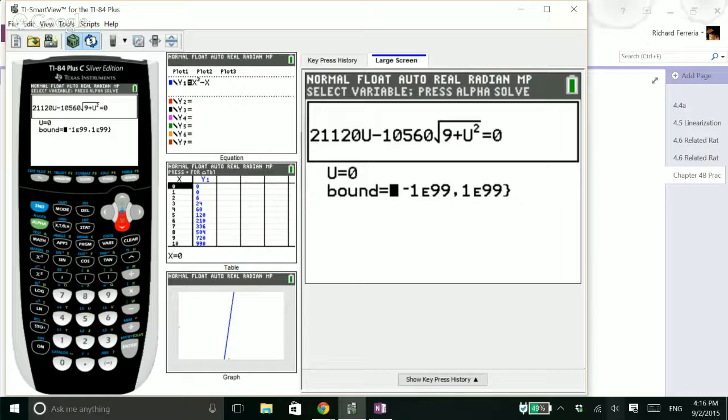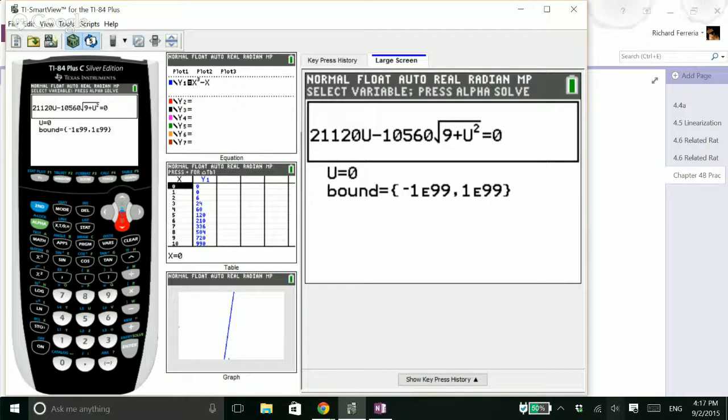When you see 1e99, that's basically the biggest number the calculator can do. 1e99 is 1 times 10 to the 99th power. So you're telling the calculator to look for the answer somewhere between negative 1 times 10 to the 99th power and 1 times 10 to the 99th power, which is a huge domain for the calculator to look through.